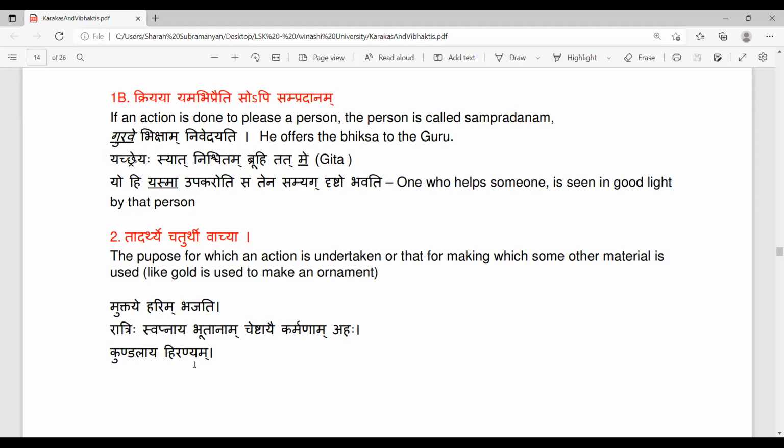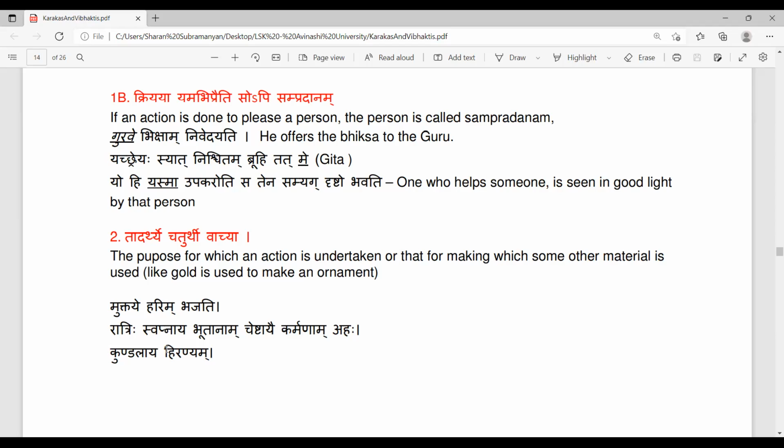So the purpose for which a Kriya is done, the purpose will be in Chaturthi Vibhakti, or that for making which some material is used. The material used to make something would be in Chaturthi Vibhakti. Example, Kundalaya Hiranyam.